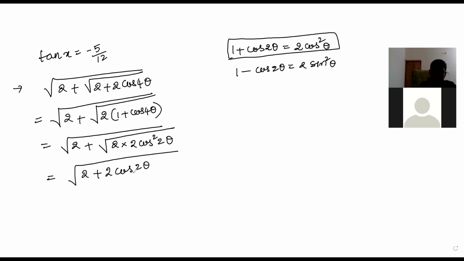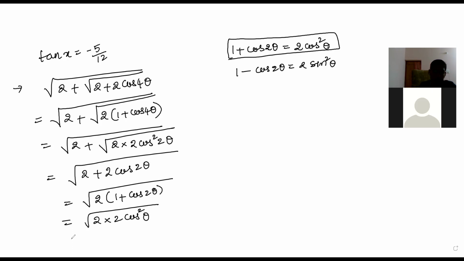Then again apply the same law. If you take 2 on 1 plus cos 2 theta, which is under root of 2 into 2 cos square theta, which is going to be 2 cos theta is the answer.